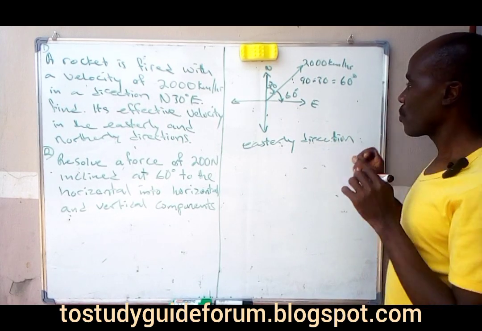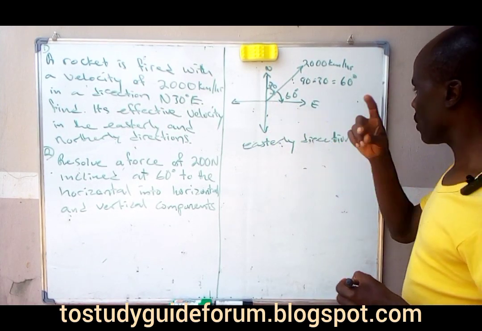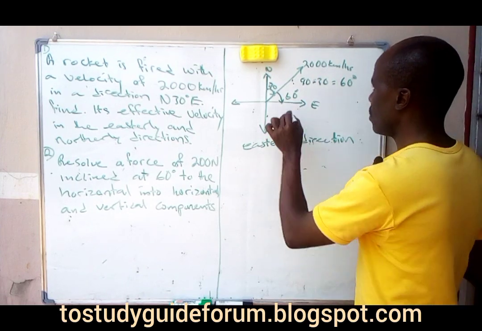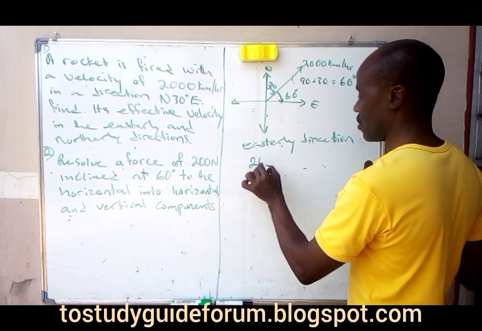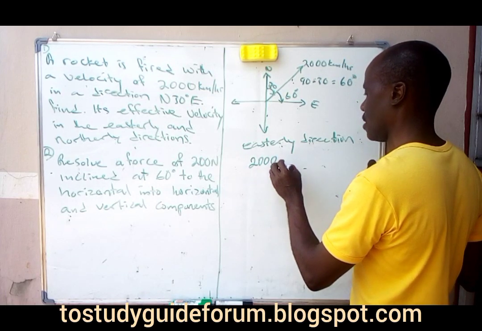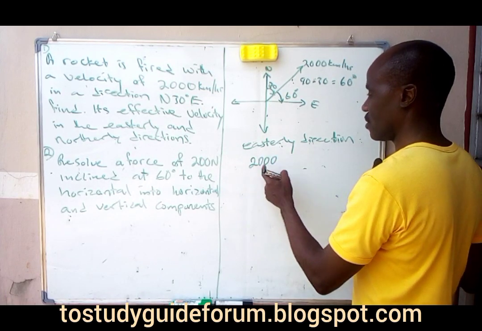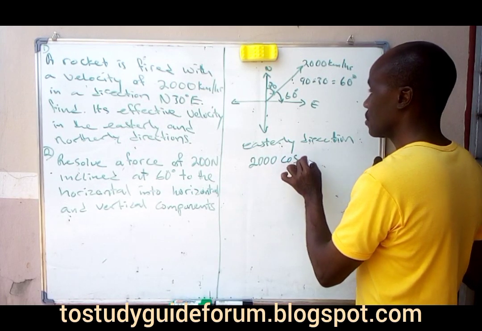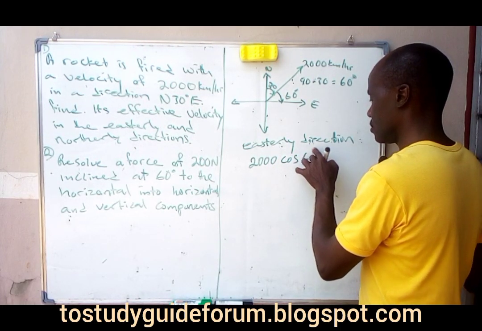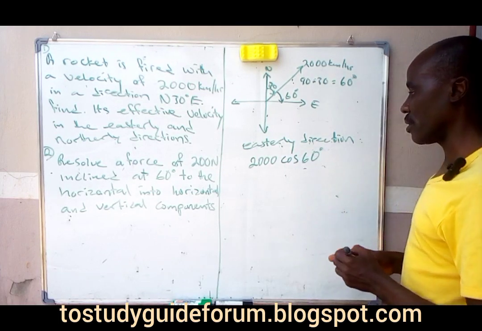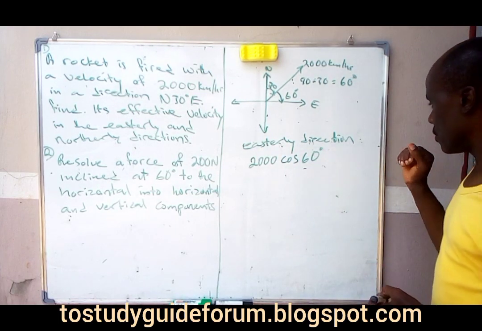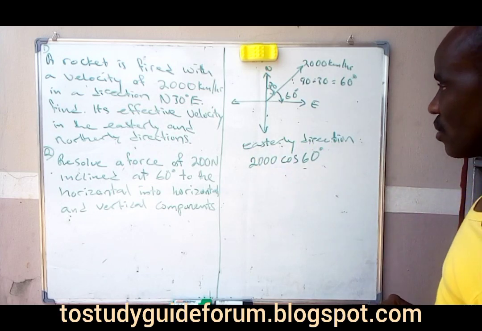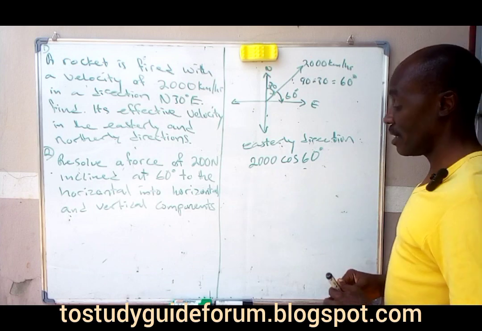So what we have will be the velocity times cos 60 degrees, which will give us the easterly component of the velocity.